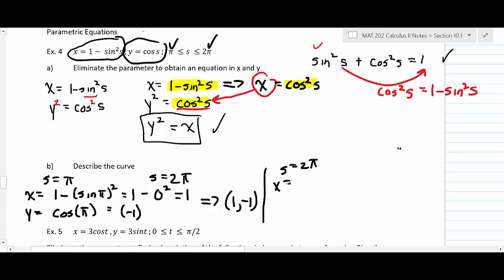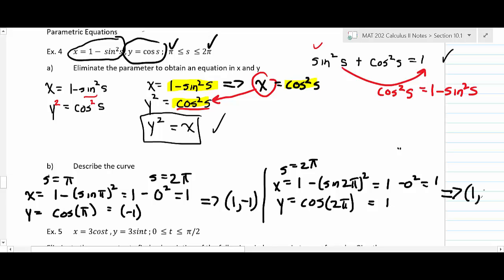We do x equals 1 minus sine of 2 pi squared, and then y is equal to cosine of 2 pi, and just see what we get. Sine of 2 pi is 0, so that's 1 minus 0 squared, or 1. And then cosine of 2 pi is 1, so we get the point 1, 1.